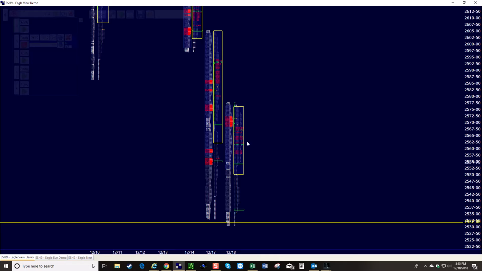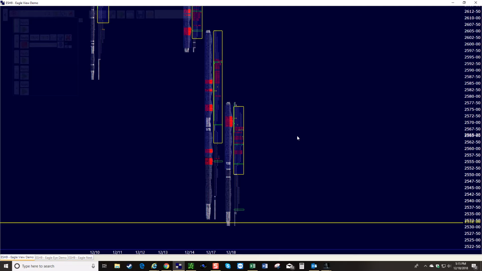In profile theory, a P formation signals short covering. However, we close near the low, so I call it a reverse P. A P by structure, but reversed, meaning that we close near the low, versus a true short covering P formation, which will close somewhere back within the value area.